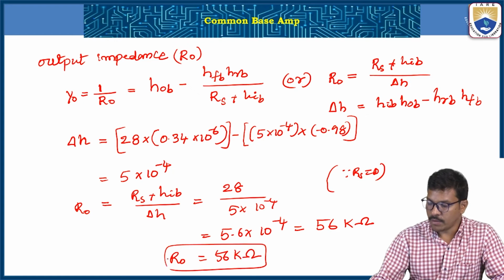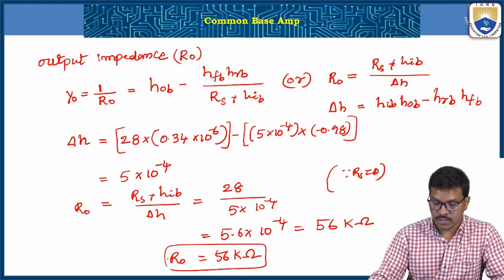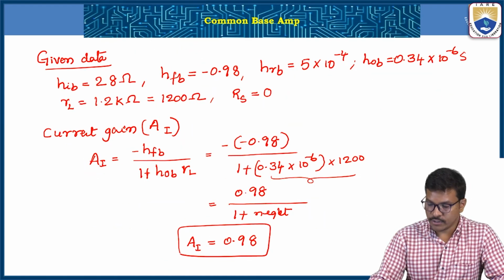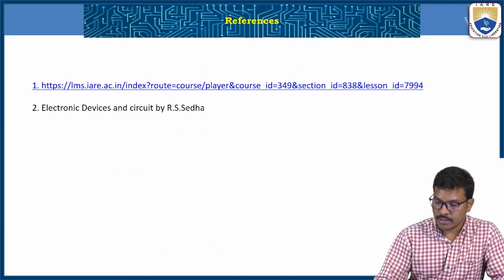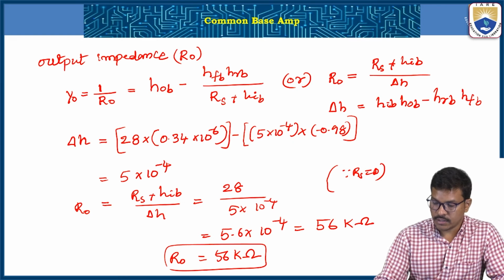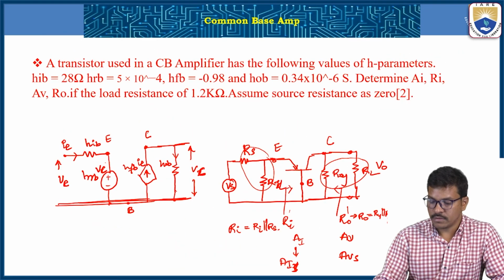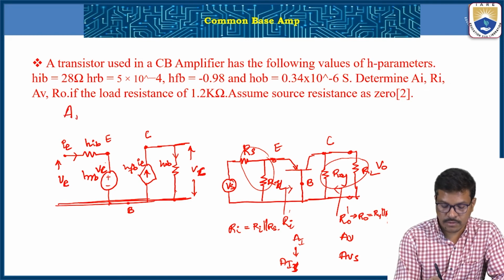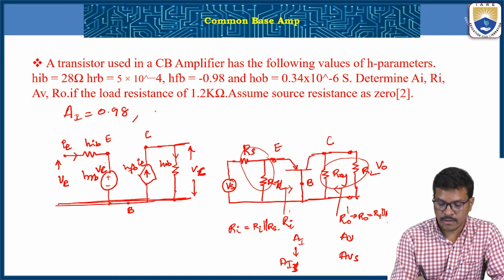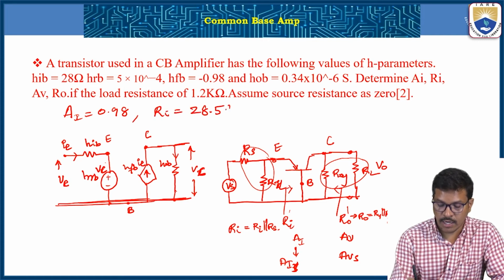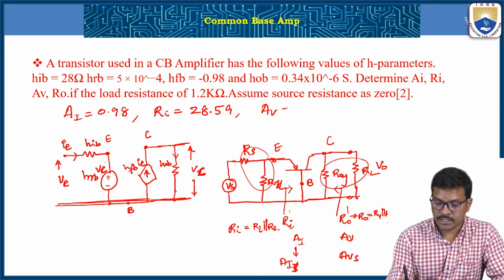If you write down all the parameters at once, current gain is equal to 0.98. Input impedance is equal to 28.59. Voltage gain is equal to 41.